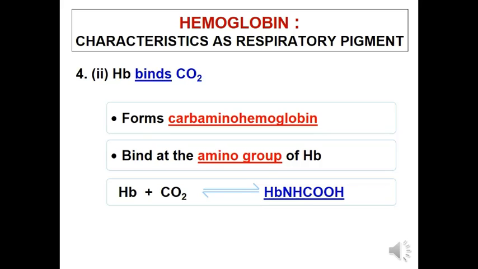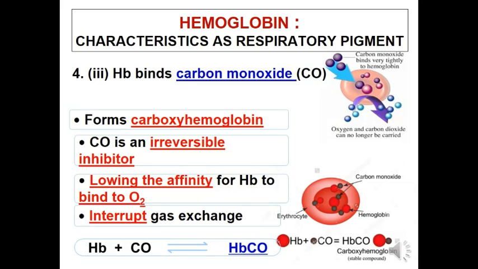Gaseous exchange will be interrupted when hemoglobin binds to carbon monoxide. Carbon monoxide is an irreversible inhibitor and forms carboxyhemoglobin, and this lowers the affinity of hemoglobin to bind to oxygen.